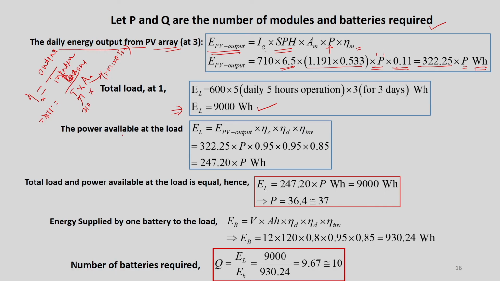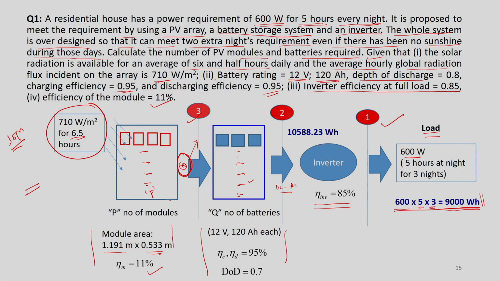And this power available at the load, if we come from the left side, okay. So, if I am interested to calculate this P, how much power will be available here, because we know the charge-discharge efficiency and the inverter efficiency, right. So, that means 5% inefficiencies will be there and 15% inefficiencies will be there, okay.